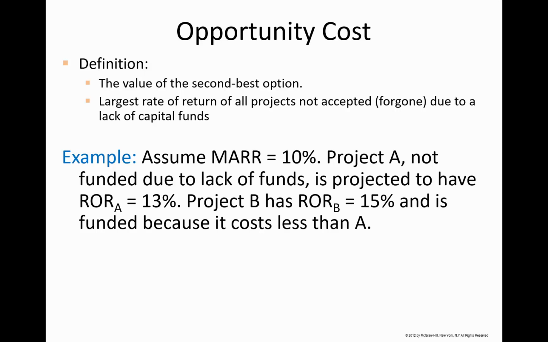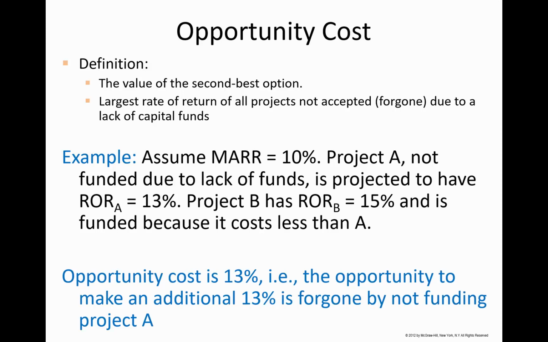And project B is 15%, and it's funded because it costs less than project A. So your opportunity cost is the value of the project that you couldn't do because you had a lack of funds.